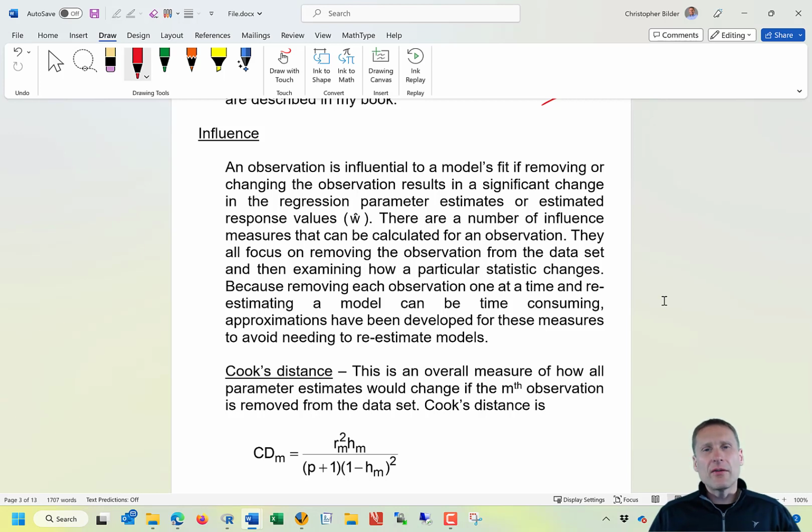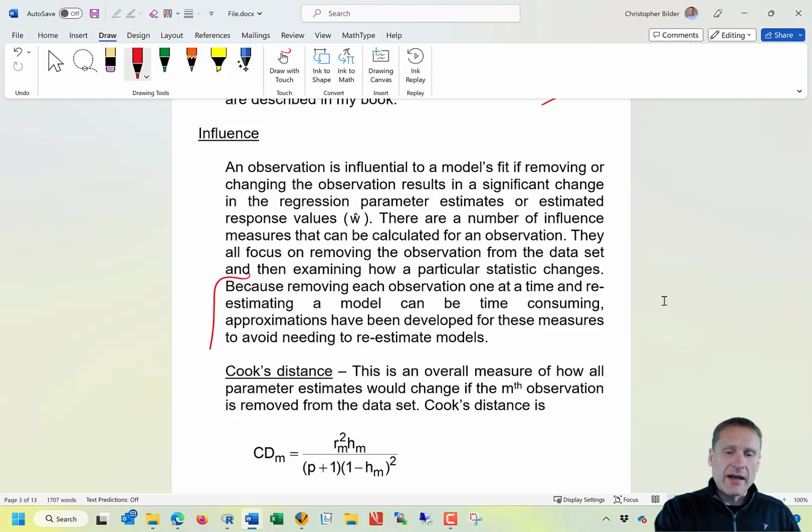And so it's helpful to come up with a statistic, or a variety of statistics, based upon that idea of removing one observation temporarily, refitting the model, and seeing what happens. Does the model change? That's the kind of statistics we're going to be looking at here.